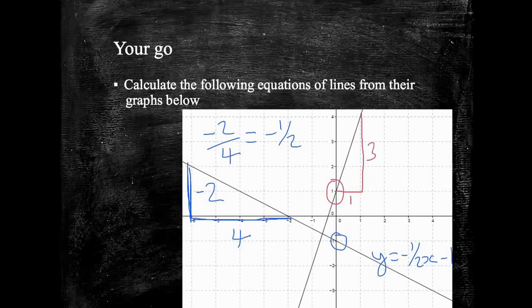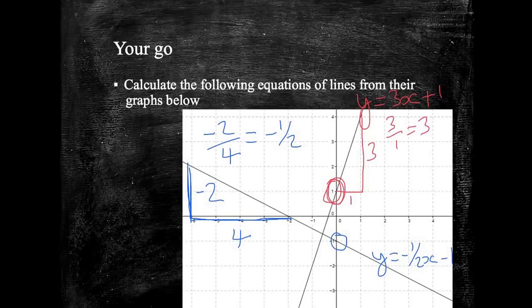So rise over run, 3 over 1. This one has a gradient of 3. So 3 over 1 has a gradient of 3. This one will be y equals 3x plus 1. Hopefully you got both of those right. If not, just go back and have a quick look at how we worked out the gradient on those previous examples.